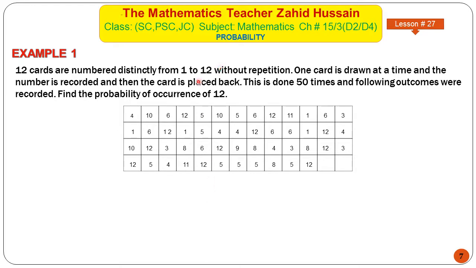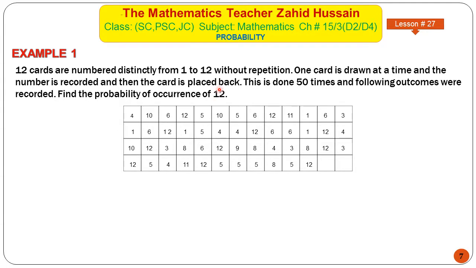Now if you pick the first card and that card is 4, you note 4 here. The second card has number 10, the third card has number 6, the fourth card has number 12. Similarly, these are the results of the 50 picks. You are asked to find the relative frequency of occurrence of 12.